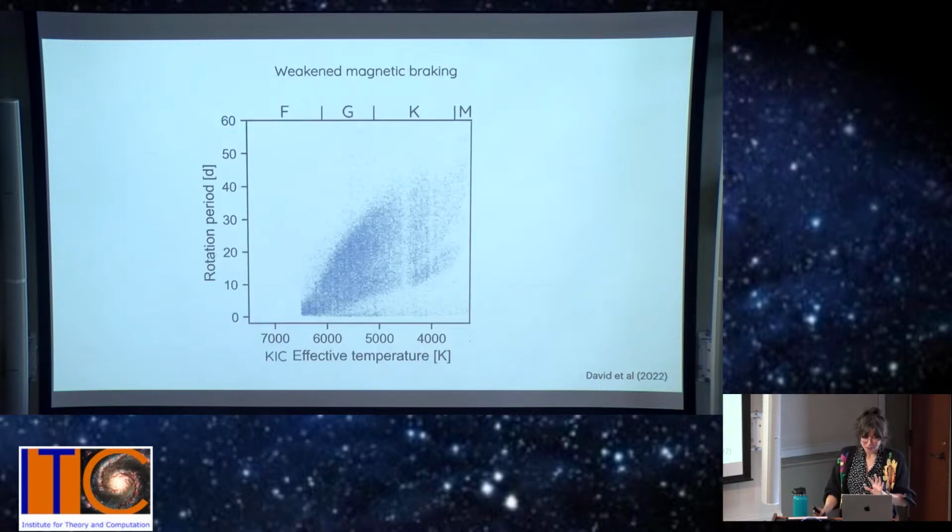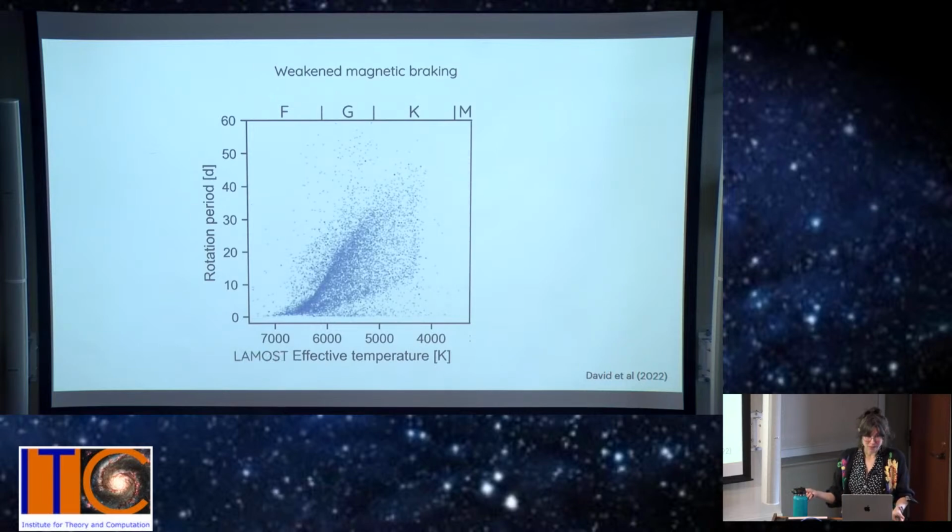But what we realized was happening, now if you look back at the McQuillan rotation period sample that I showed earlier from Kepler, you don't see an overdensity of stars here. But if you swap out these photometric effective temperatures for spectroscopic effective temperatures, then you see very clearly that there is a pileup, a ridge line in this plane.